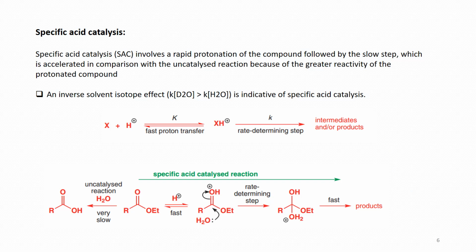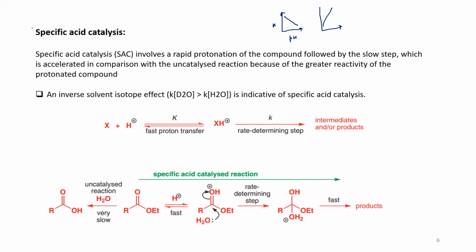What we have seen is that if the reaction is acid catalyzed, the rate of the reaction will decrease with increase of pH, and if it is base catalyzed, the rate of the reaction will increase with increase of pH.